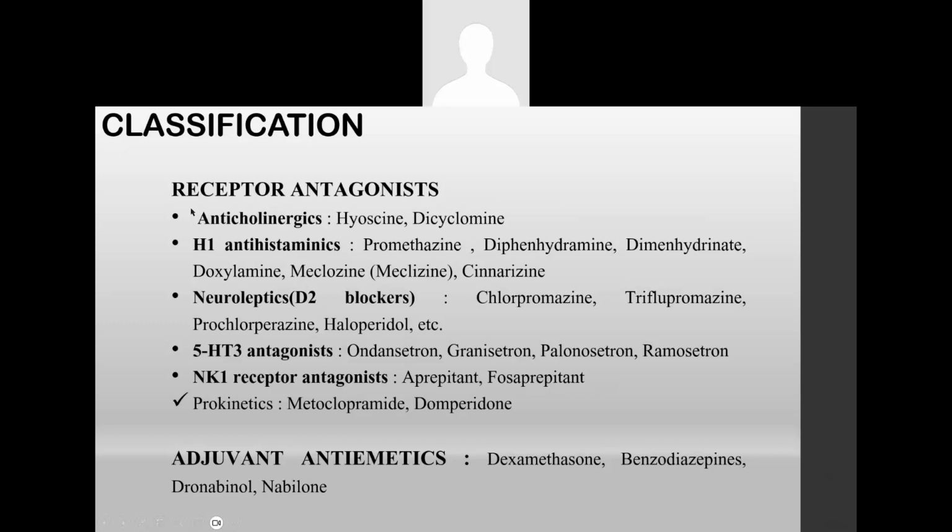The classification of treatment, according to the previous slide: we can deal with nausea and vomiting through anticholinergics such as hyoscine and dicyclomine for the vestibular system. Also, we have antihistamines, neuroleptics, which are D2 receptor blockers, and 5-hydroxytryptamine antagonists. We have neurokinin antagonists such as aprepitant and fosaprepitant. And we have prokinetics, which are metoclopramide and domperidone.